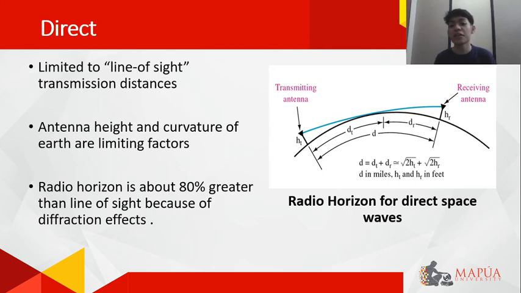Presented on the screen is the radio horizon for direct space waves. We can see the transmitting antenna and the receiving antenna and the limiting factors that affect it, which are the height of the antenna and the curvature of the Earth.